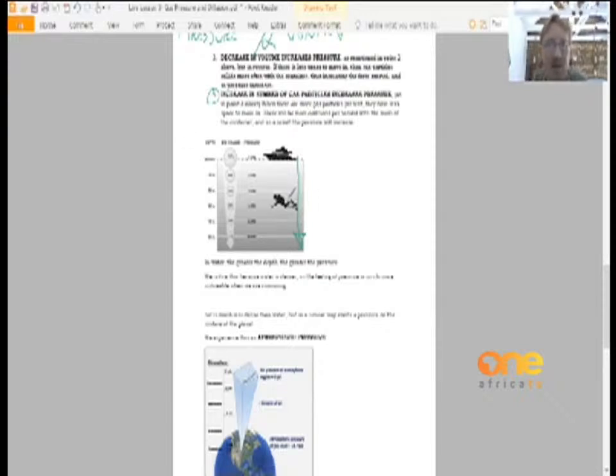This graphic that I found is quite interesting because what it shows us, roughly speaking, is the relationship between depth, pressure, and gas volume. So on the surface, you're at atmospheric pressure, 1 times atmospheric pressure.